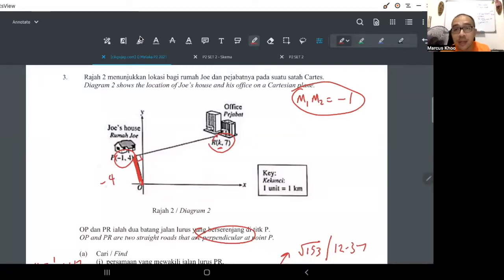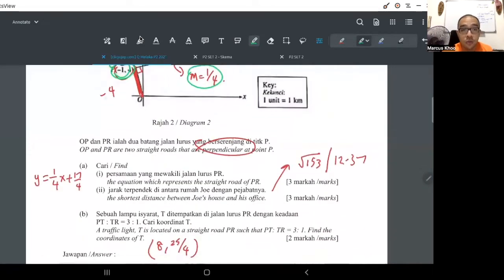Okay, count it yourself lah. And then you will get this gradient is equal to 1/4. Okay, then you use this gradient and this titik, jangan dulu sebut dengan 2k lah, untuk membentuk the straight line of PR, which is this answer. Okay, y equals 1/4 x plus 17/4. Okay, that's the first one.